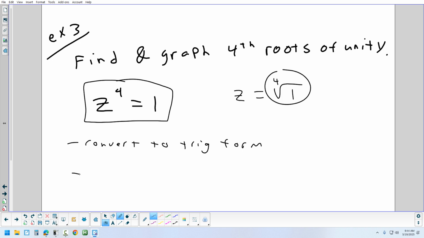Okay, let's start with the right side. The right side doesn't have an imaginary part, so if you want to think of it as plus 0i, you can. Let's graph 1 plus 0i. Where is that point, 1 plus 0i?